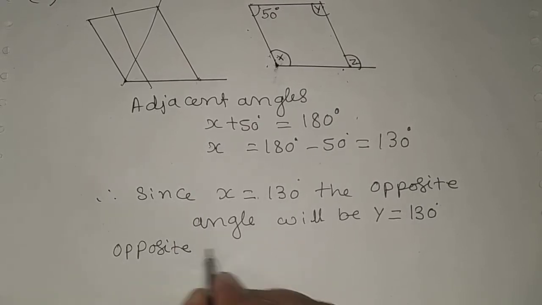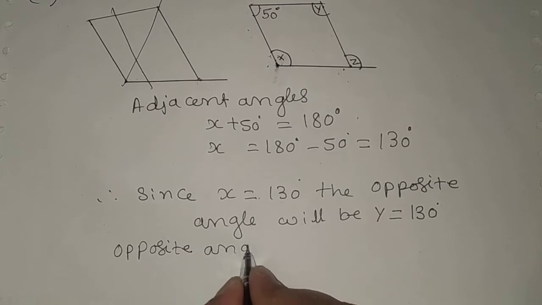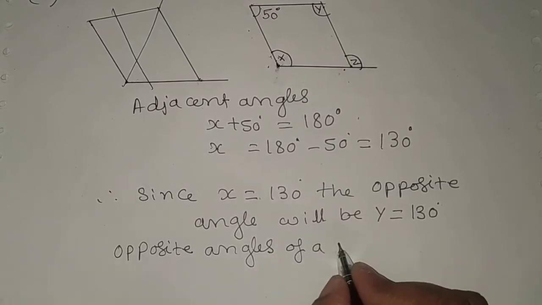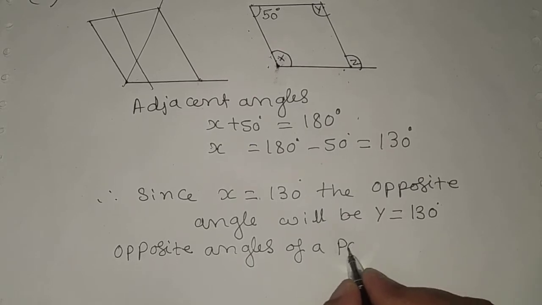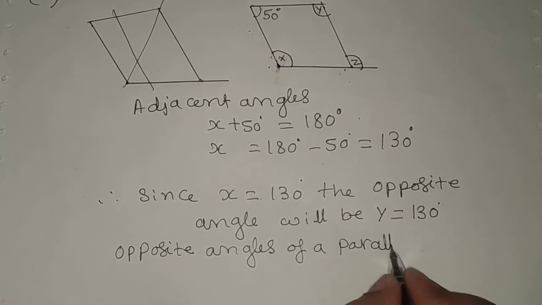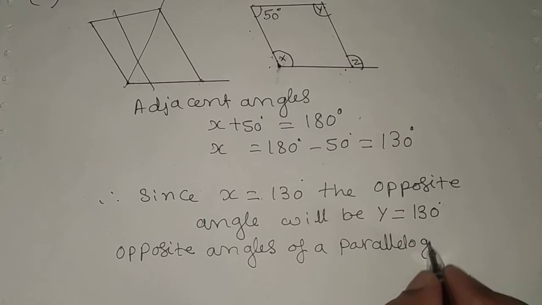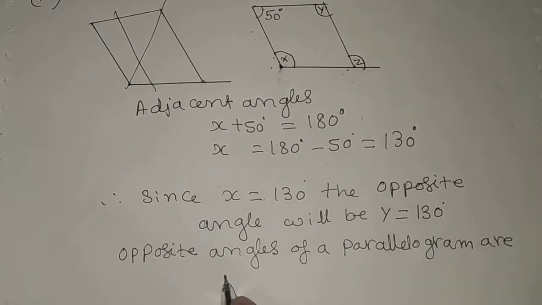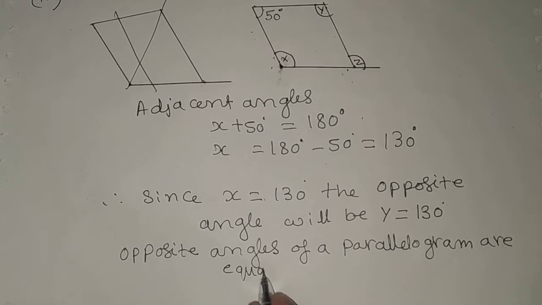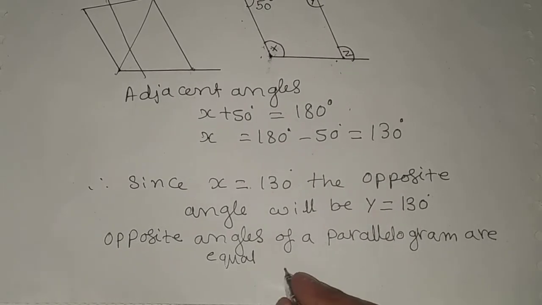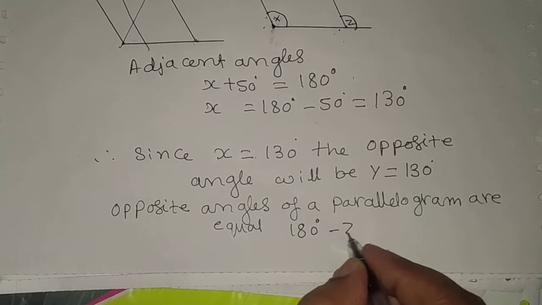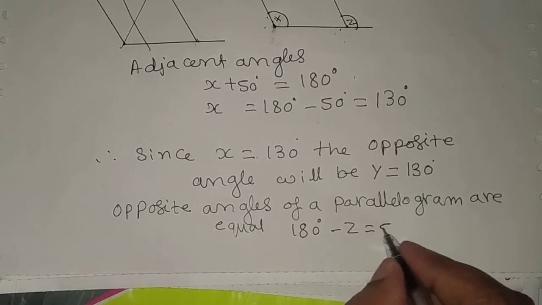So what is Z? We have to find the opposite angle of a parallelogram, or equal. So what we can write is 180 degrees minus Z is equal to 50.